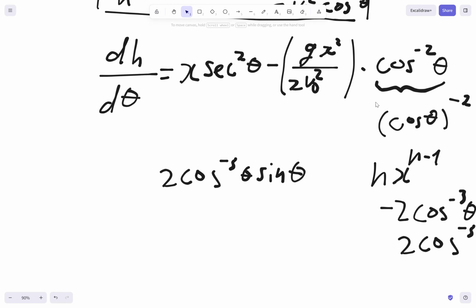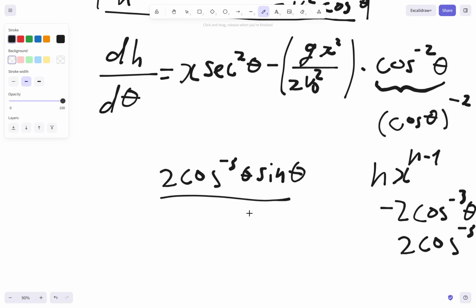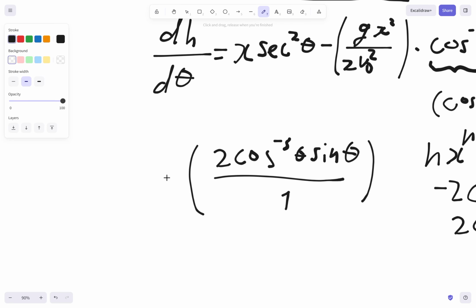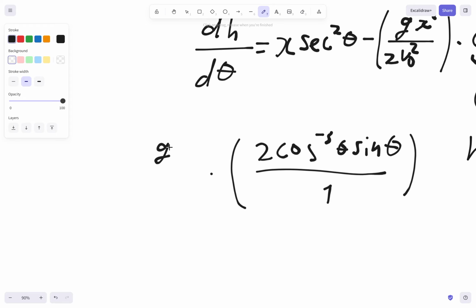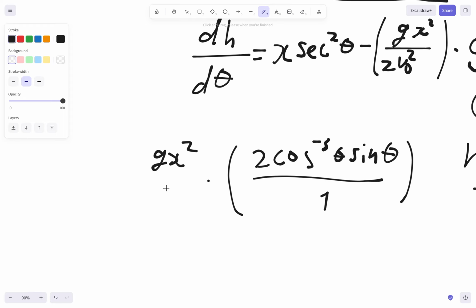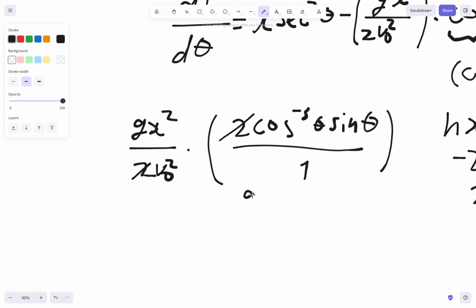Yeah. So that's gonna be our derivative, and we're going to multiply it by this, whatever term that is, g x squared all over 2 v0 squared. Cancel, cancel, g x squared.